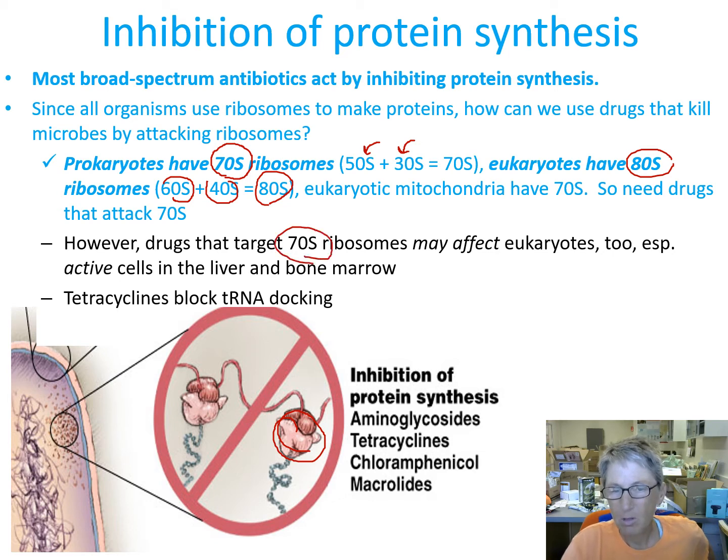Some drugs that target 70S may affect eukaryotes, but I'm sure that the scientists are working on that. This says tetracyclines block tRNA docking. So the transfer RNA just brings in the amino acid to the ribosome, and then the ribosome links up the amino acids to make a protein.